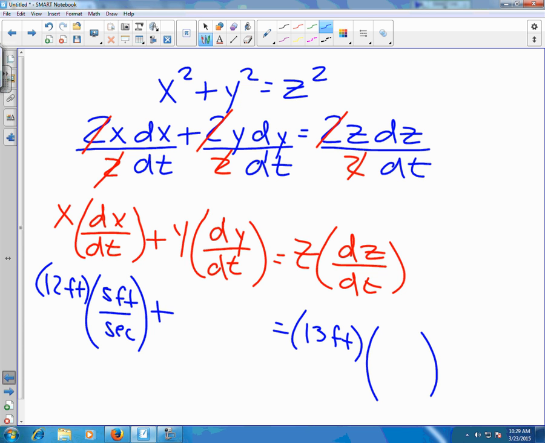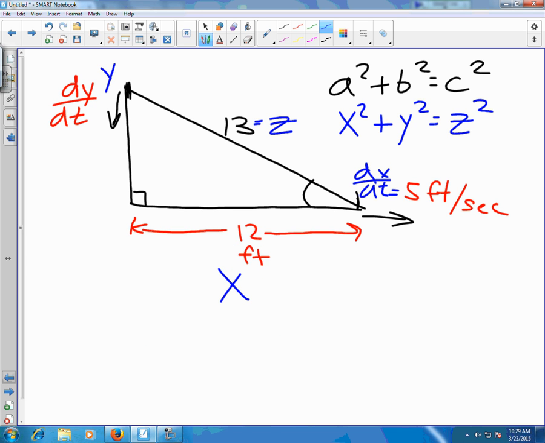Now here's my question. How fast is the hypotenuse changing? Or does the hypotenuse change at all? Remember that the hypotenuse of this triangle is our ladder. This thing is constrained to be 13 feet no matter what. It's not going to shorten itself. It's just a regular one-piece ladder that starts sliding off the house.